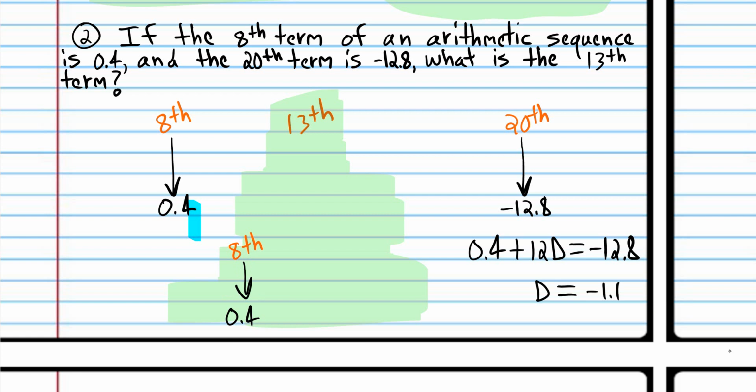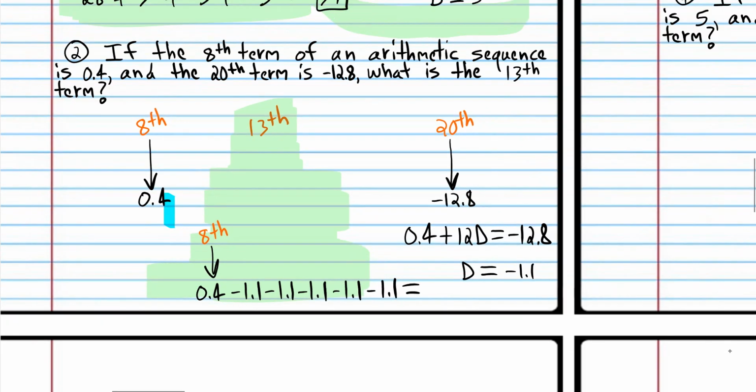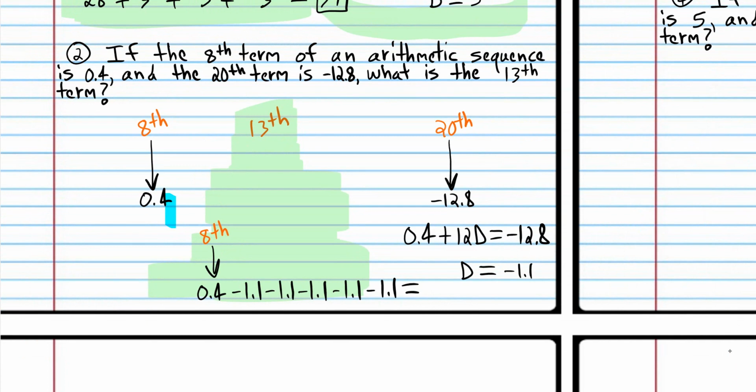And then we're going to subtract 1.1 to get to the 9th term, subtract it again to get to the 10th term, subtract it again to get to the 11th, subtract it again to get to the 12th, and subtract it again to get to the 13th. So if we do the math on that, negative 1.1 times 5 is negative 5.5, and then add that to 0.4, and we get negative 5.1.